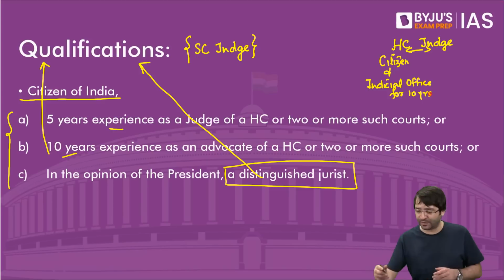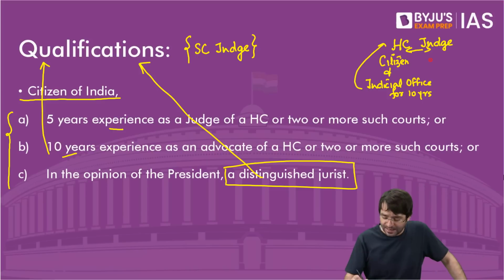I am qualified to be appointed as the judge of a High Court. If not, I am a citizen of India and I am a practicing advocate in one or more High Courts for 10 years.